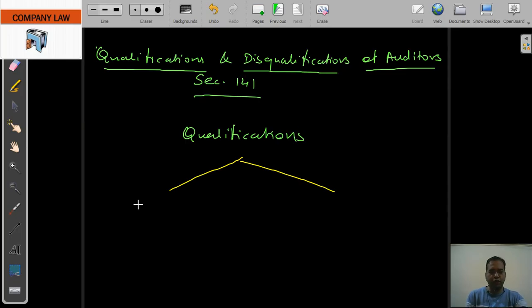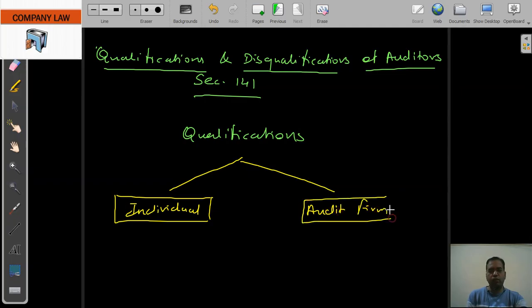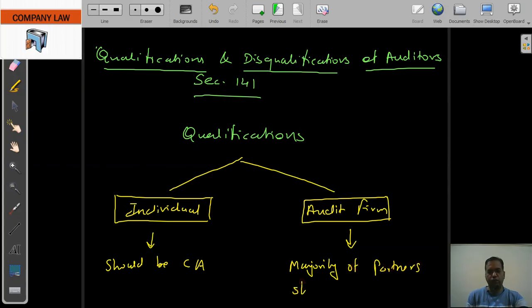So if it is an individual, then if it is the audit firm, he should be a CA, and the majority of the partners should be CA.